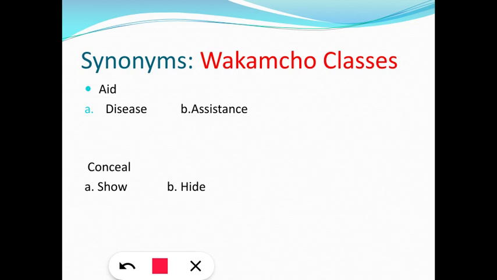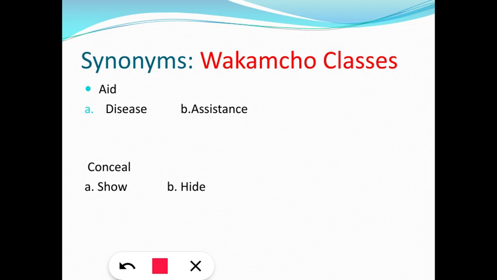Next, aid. And the options are A, disease; B, assistance. So the correct option would be assistance or support. You can say that, support. Next word, counsel.